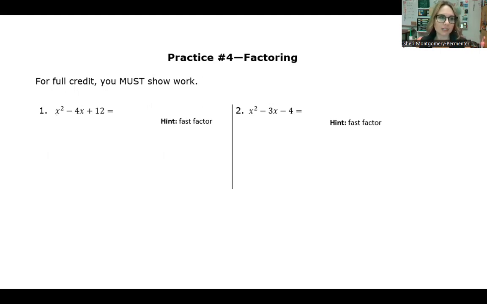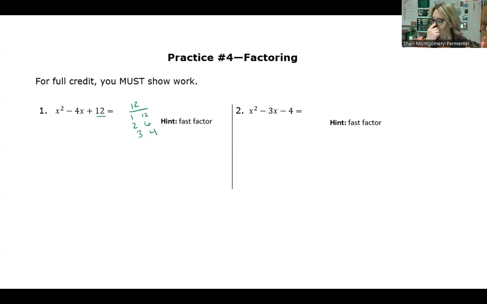Factors are just things that can multiply. So we're going to find factors of the last number, factors of 12. I usually just start with 1 and 12, 2 and 6, 3 and 4. Can you think of any others?